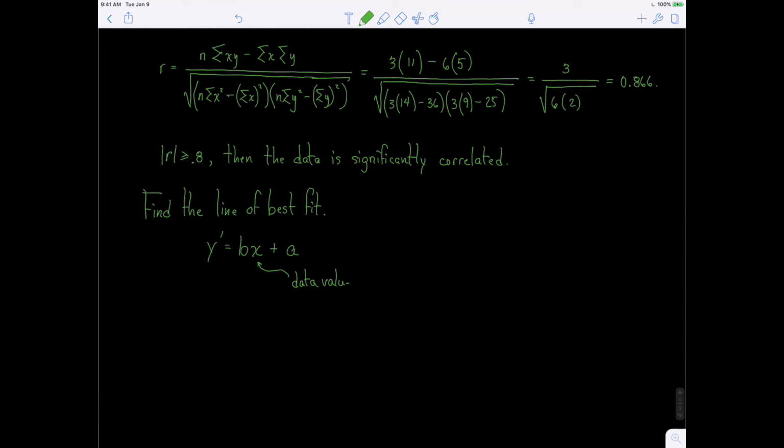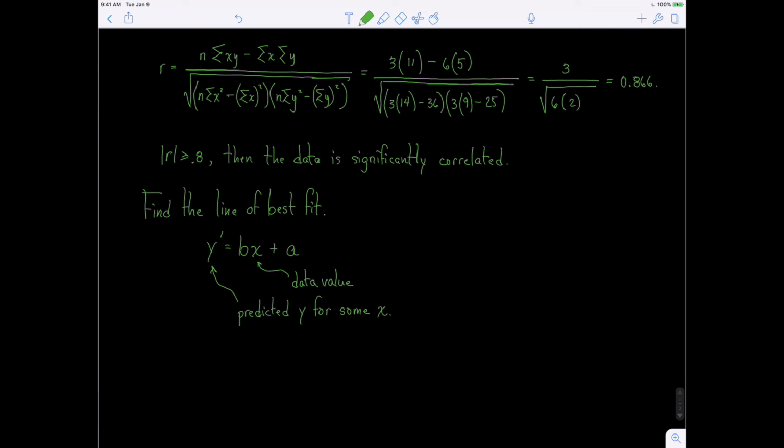Notice this. We said that the other value in the ordered pair was y, but this says y prime. It's really close to y, and this is what we call the predicted value of regression, the predicted y for some x. And we're going to practice that too.